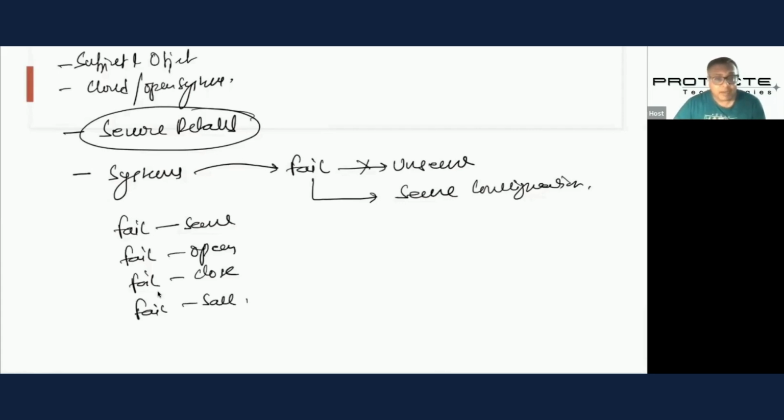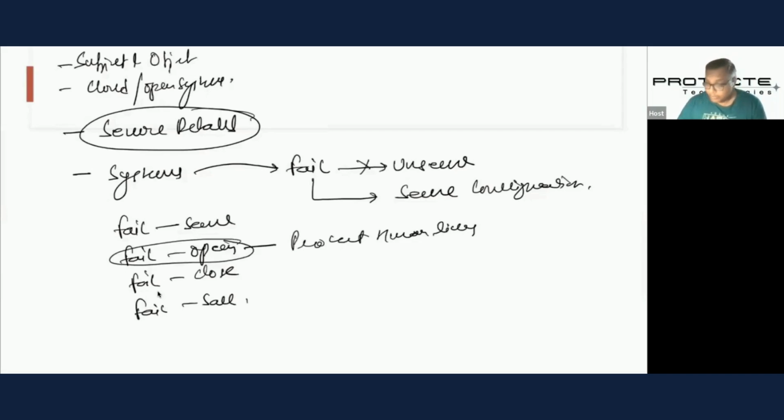When you design a system to fail open, you are trying to protect human lives. You go to a movie hall, and if there is a fire, the doors will open. You're trying to protect people.